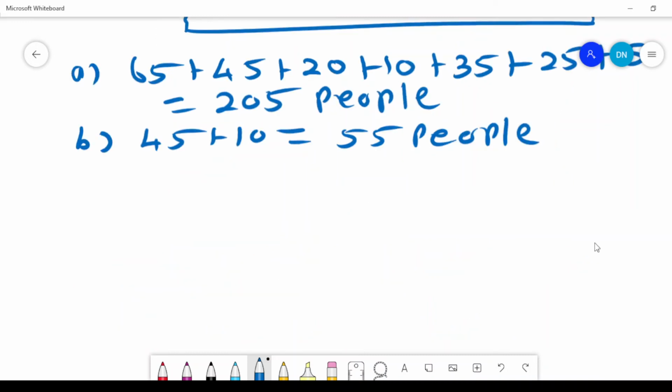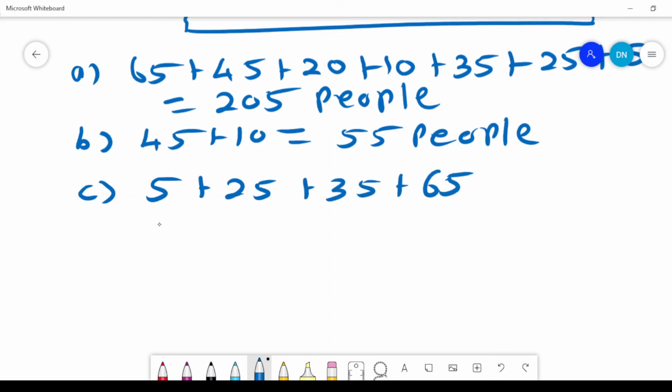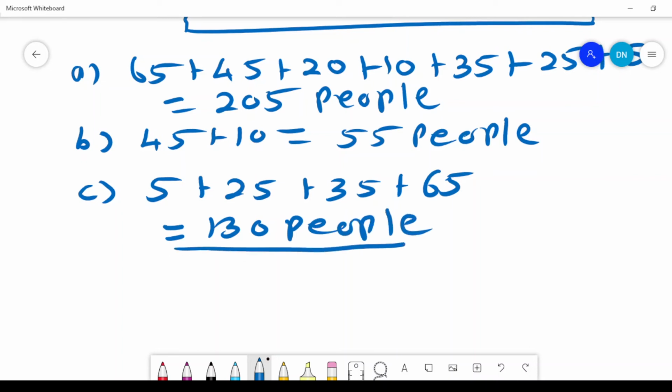Then, watched at most one: at most means they either watched none or only one. So 130 people watched at most one station. At most means the maximum is 1, and that gives us a solution to that problem.